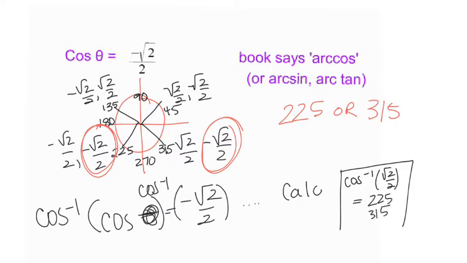You have to give me both. Your calculator gives you one. In your book, you'll see that sometimes it says arc cosine, and those mean the same thing. So arc cosine is the same as that button on your calculator, and arc sine, for example, is the same as the sine inverse button on your calculator. So we can use that calculator button too to find angles.